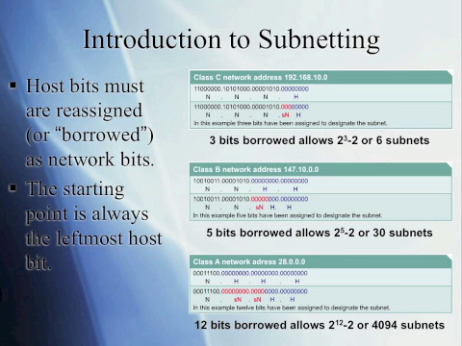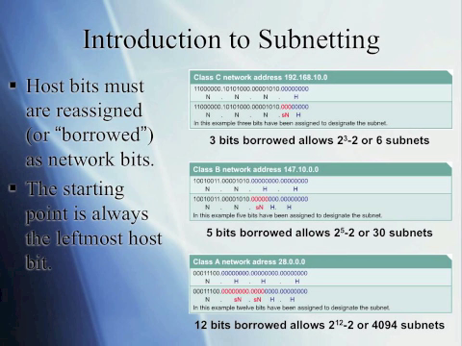So since we're stealing those 3 bits, 2 to the power of 3 equals 8, minus 2, because we can't use the first and last subnet, that gives us 6 subnets. And we'll go over this concept shortly. Binary bits are powers of 2, base 2. So we have our 3 bits that we're borrowing.